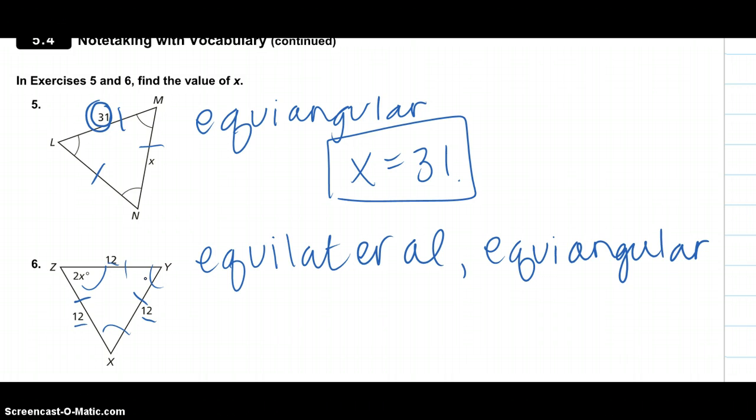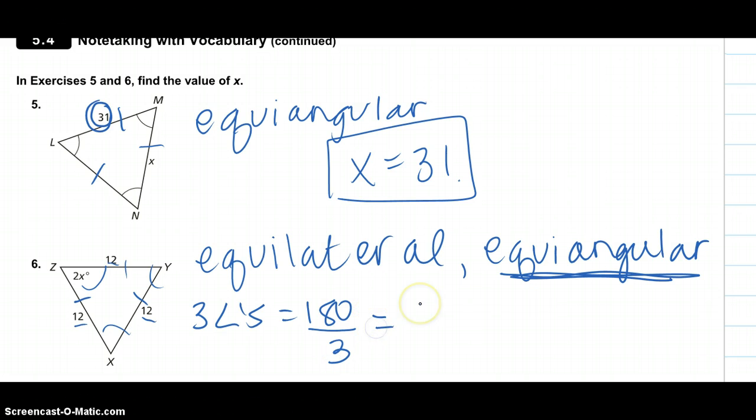But what we should notice here is that we don't know the value of the angles. But if it's equiangular, now we have to pull our knowledge from a few sections ago that we know that inside a triangle all 3 angles equal 180. And if it's equiangular, that means I can take 180 divided by 3 to find the value of each angle.